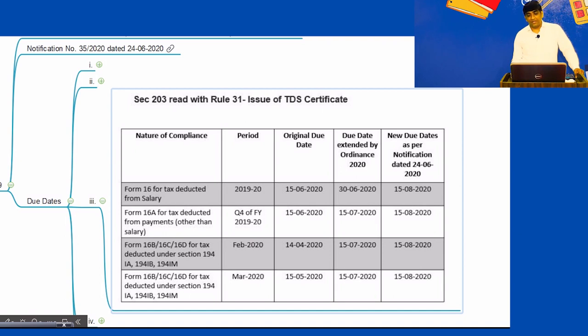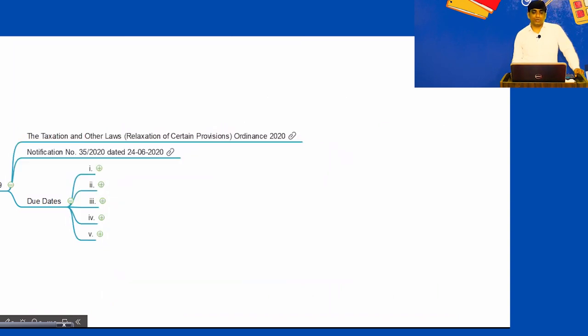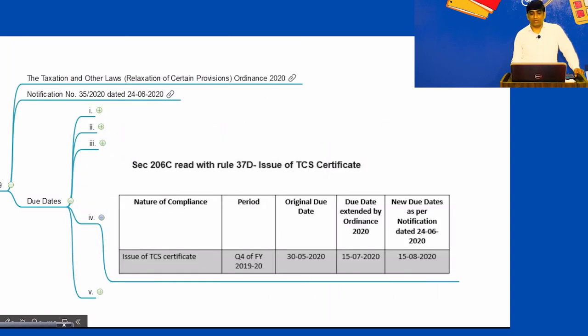Form 16B, 16C, 16D for tax deducted under section 194IA, IB, IM. For February, earlier due date was 14th of April, which was extended to 15th of July, now extended to 15th of August. Same for the month of March, it was 15th of May original due date, extended by ordinance to 15th of July, now extended to 15th of August 2020.